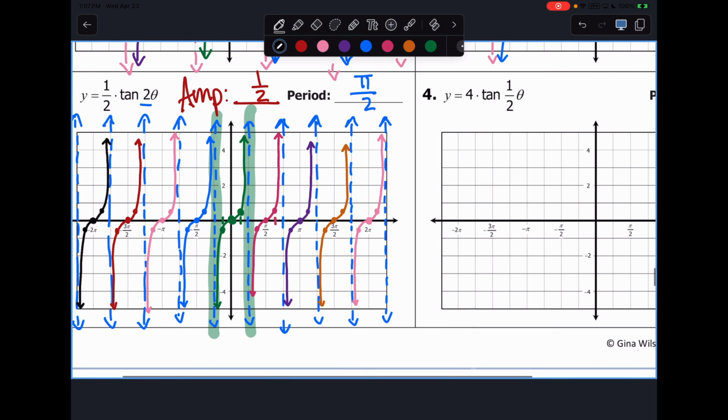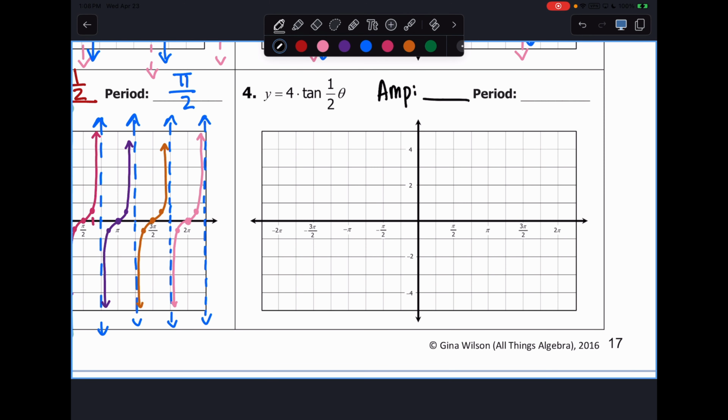Here we go. Amplitude is 4, period should be 2 pi. Here's the asymptote. Asymptote should be at every pi from the center. So here's the center. I'm going to have to hit pi, and then another pi.